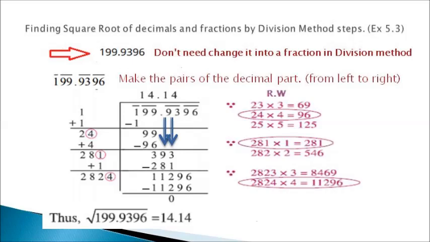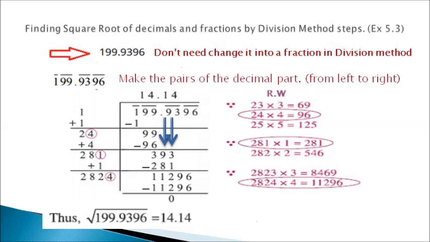Again, through trial, we learn that 281 times 1 will give us 281, which is the closest to 393. Again, we subtract 281 from 393 and end up with 112.